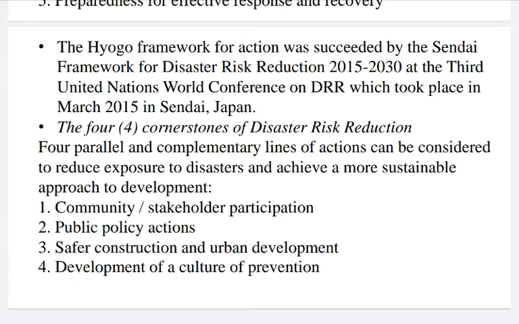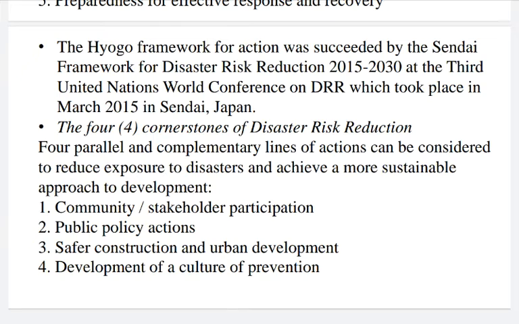Also the Sendai framework, we have this Sendai framework to learn in detail in the next module. So the framework for action was succeeded by the Sendai Framework for Disaster Risk Reduction 2015 to 2030 at the third United Nations World Conference, which took place in March in Japan.